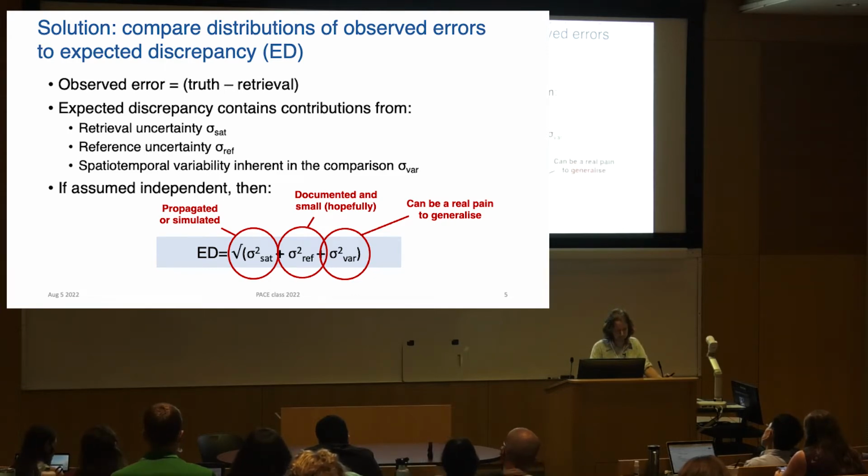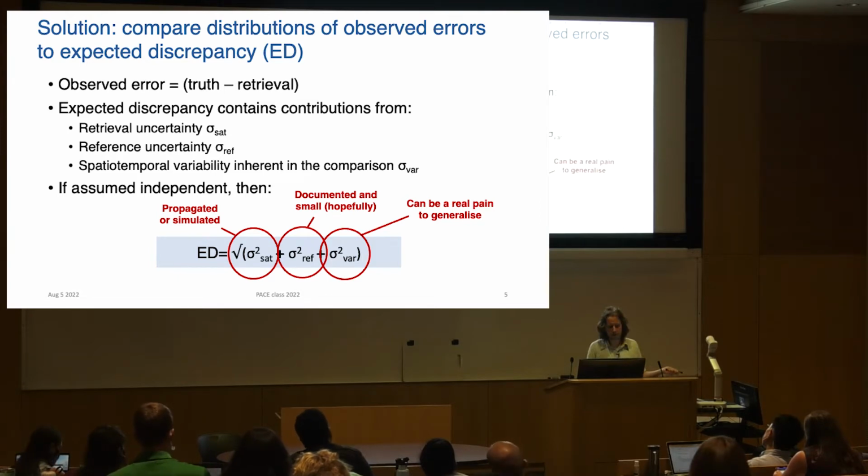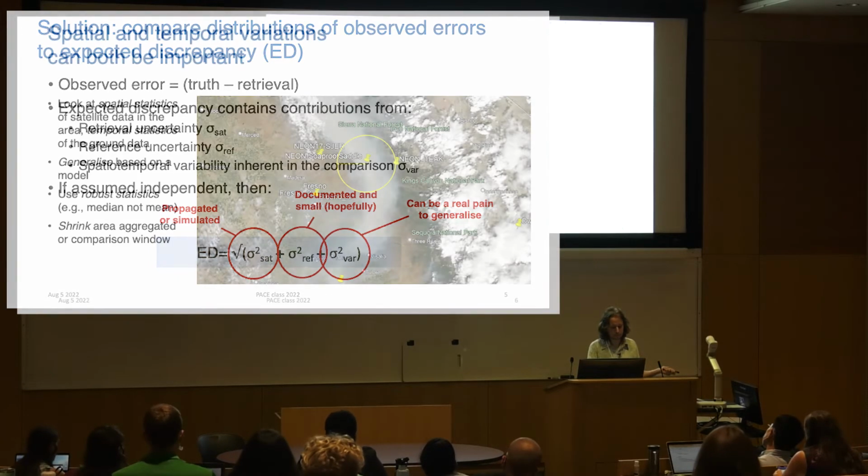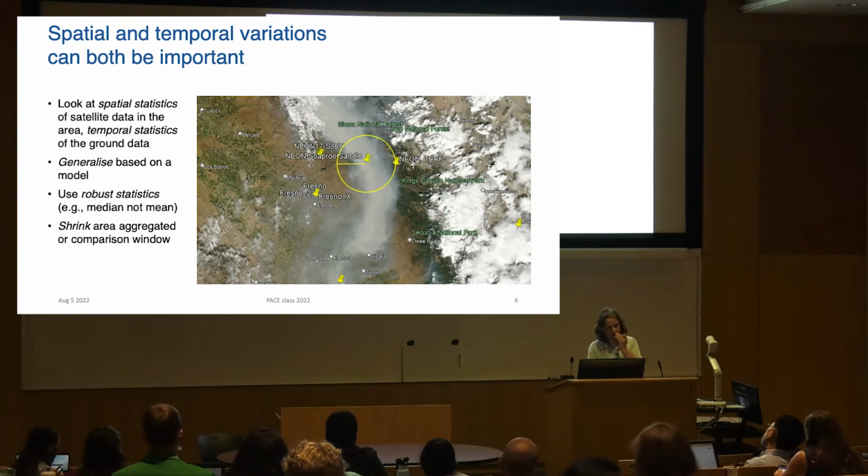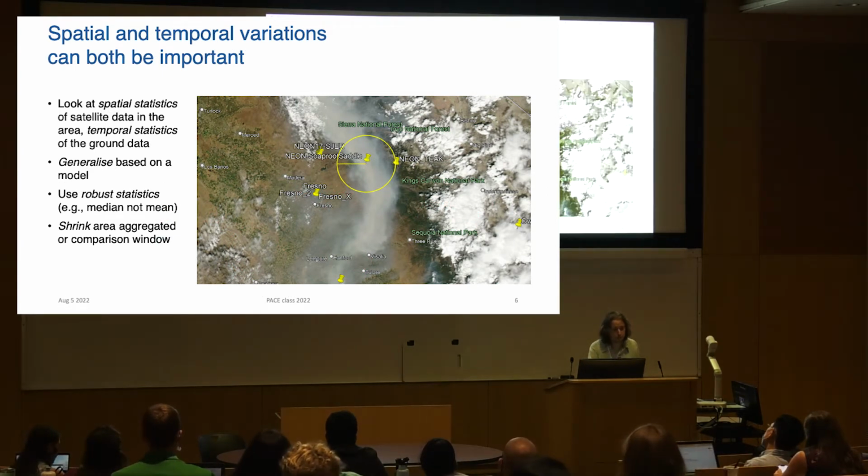You really should. And what's hard here is this final term, spatiotemporal variation. That can be really hard to characterize in any kind of big picture general way. And I hope the examples we've shown have illustrated that a bit. So these variations can really be important. I put this slide up in the last talk.